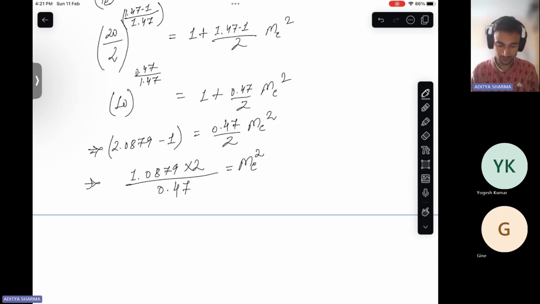But here I'm getting something else. What are you getting, Ginny? 2.156. Yes, so I made a mistake somewhere. Oh, right. 2 into, wait, 2 into 1.08.